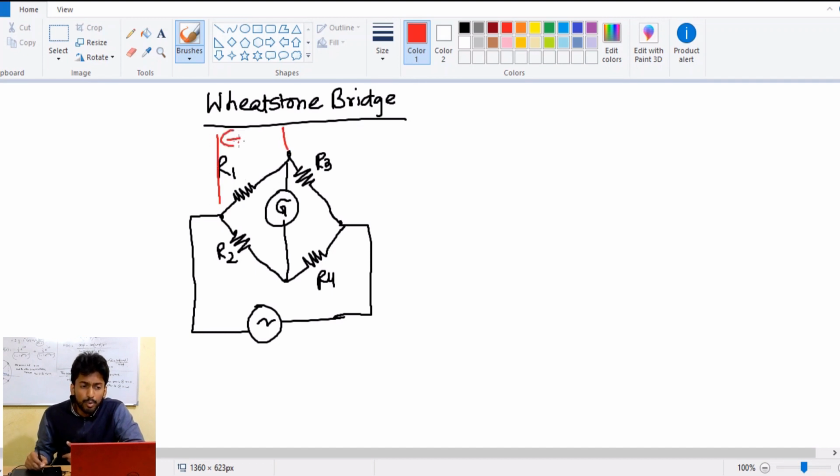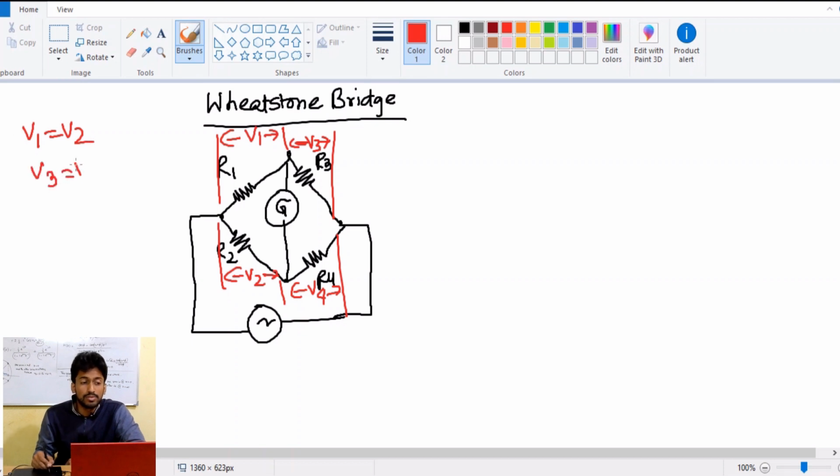It means the potential of this position, the potential of this, the potential of this, and the potential of this. If there are four potentials here, then for balancing, what we require is V1 equals V2 and V3 equals V4.